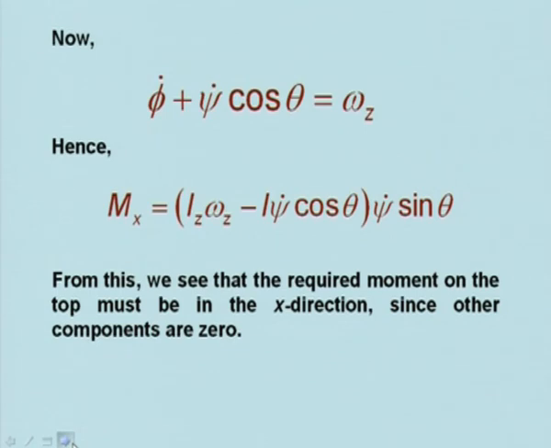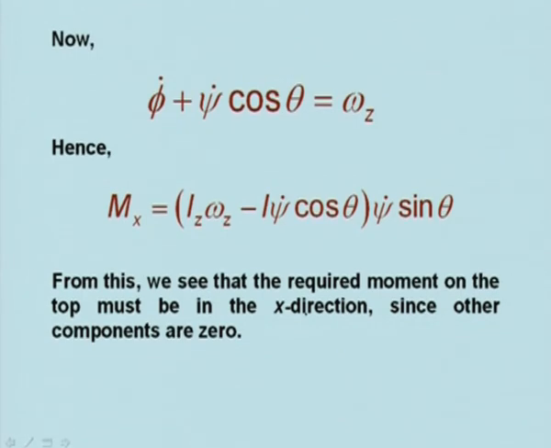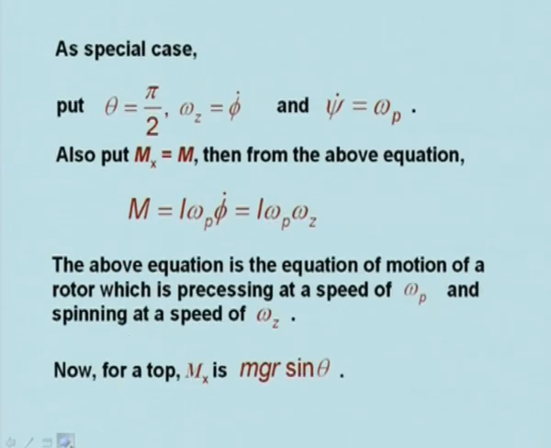Now phi dot plus psi dot cos theta is equal to omega z, hence Mx is equal to psi dot times Iz omega z minus I psi dot cos theta sin theta. From this we see that the required moment on the top must be in the x direction, since other components are 0.